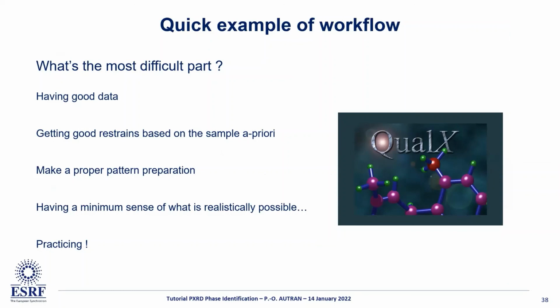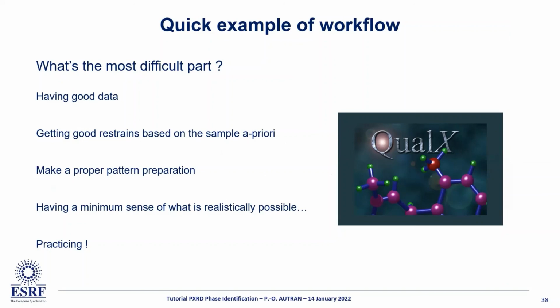So what's the difficult part of all this process? The most difficult part is first having good data. Having good data means trying to minimize the noise, and if you can, getting higher resolution.